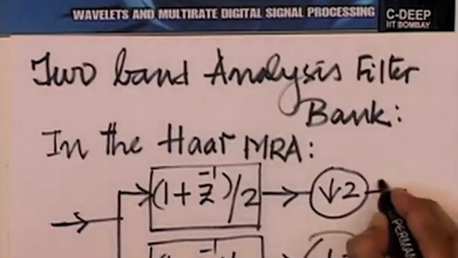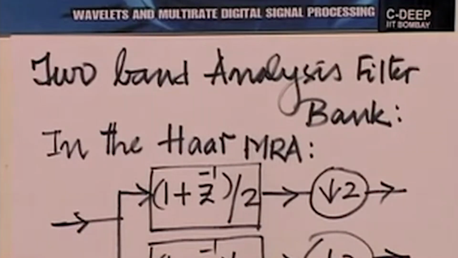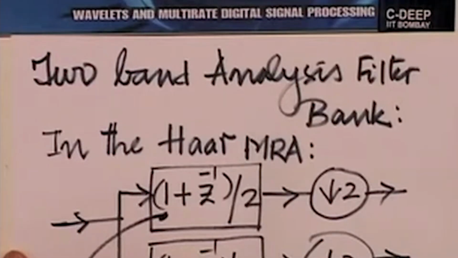This was the structure, and we also analyzed the frequency domain behavior of these 2 filters. In fact, this turned out to be a crude low pass filter. And this turned out to be a crude high pass filter. Of course, high pass and low pass as understood in the discrete time sense.